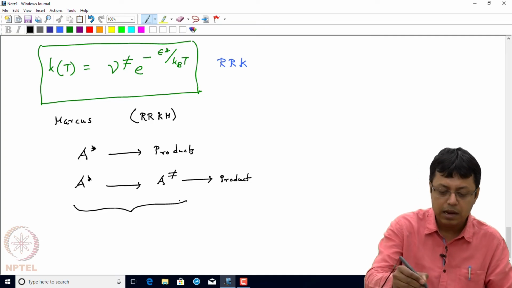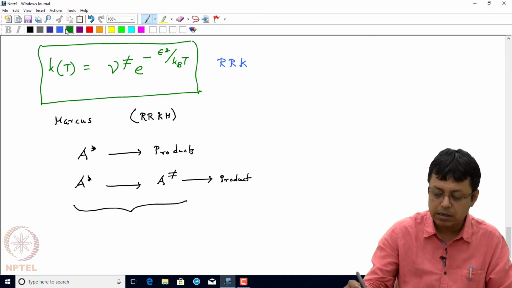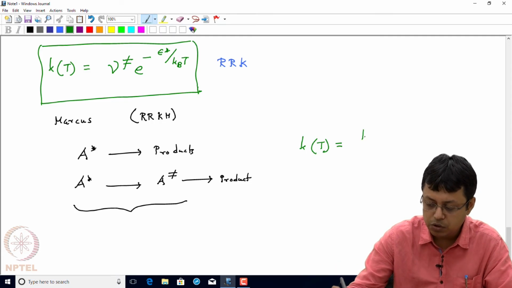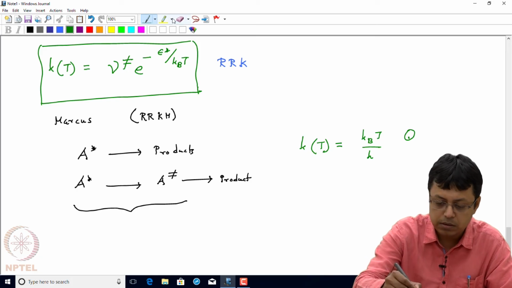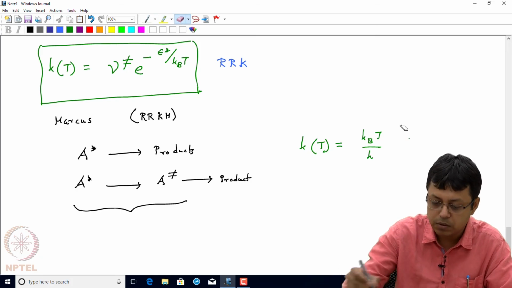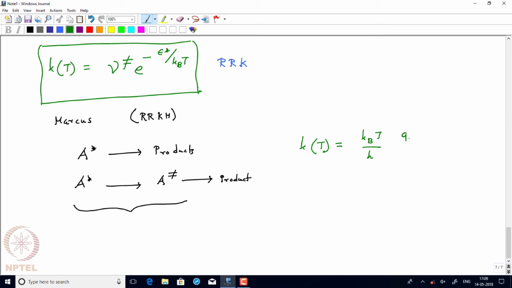But finally, at the end of the day, surprisingly, he found the rate constant to be equal to kBT by h, and let me use the original notation that we have been using, that is q a dagger with one degree of freedom less divided by q a, into e to the power minus E star by kBT.